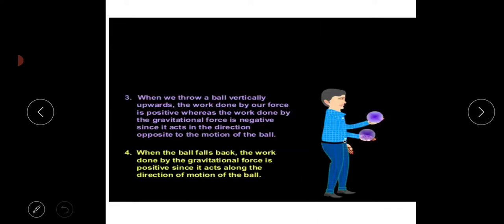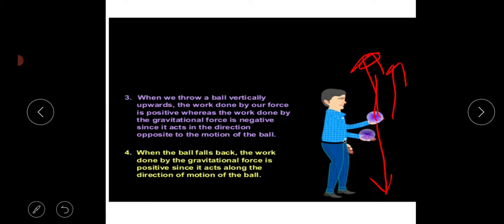When we throw a ball vertically upwards, the work done by our force is positive because we are throwing it in the vertical direction and the ball is moving in the vertical direction. So, work done by us will be positive. But the work done by gravitational force will be negative since it acts in the direction opposite to the motion of the ball.